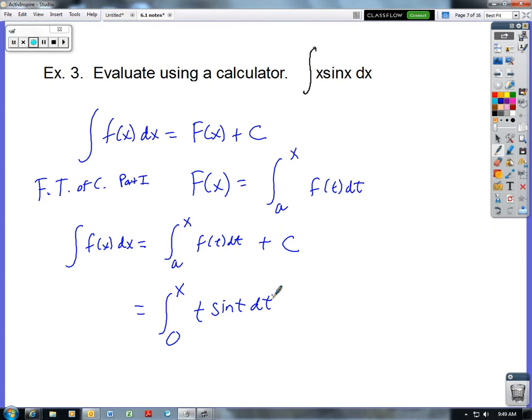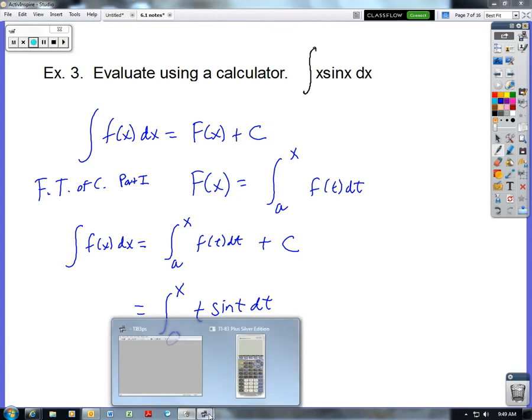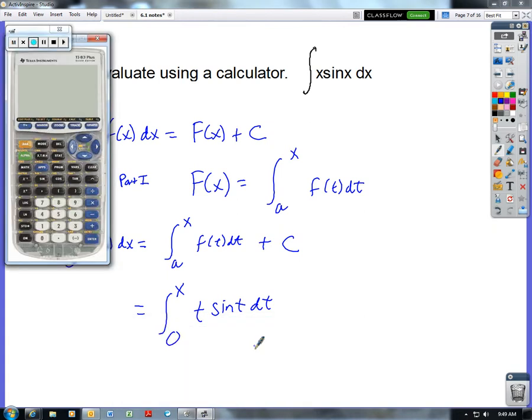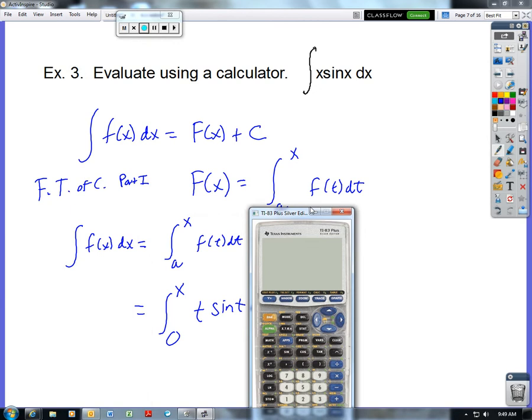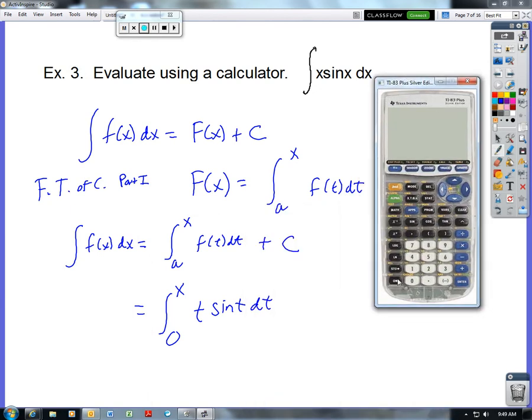Okay, now to put that in the calculator. Okay, I can move that thing. Alrighty. On y equals. By the way, we're going to graph this in y equals because we're going from 0 to x here. We're not going to get one specific value.